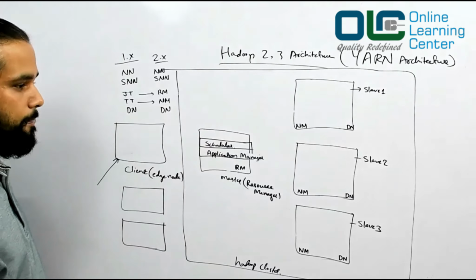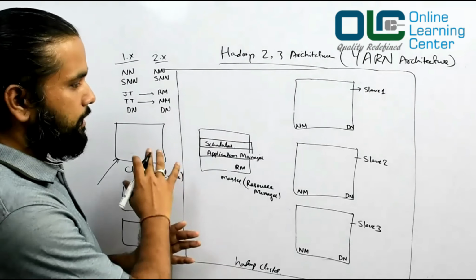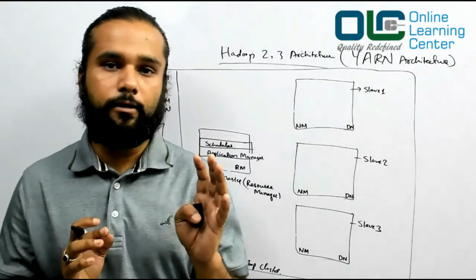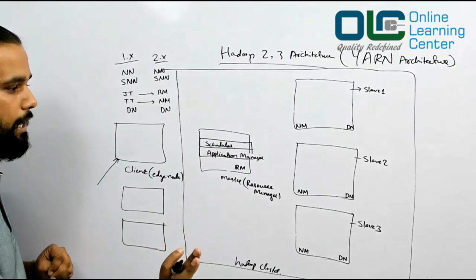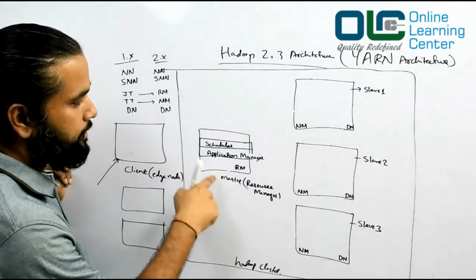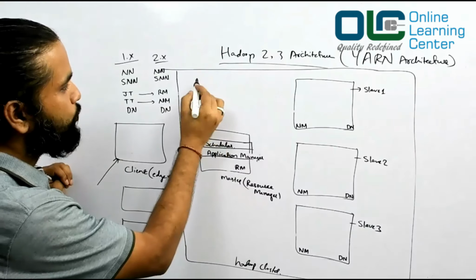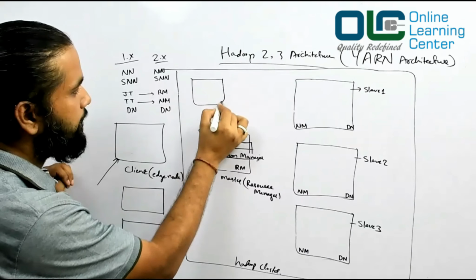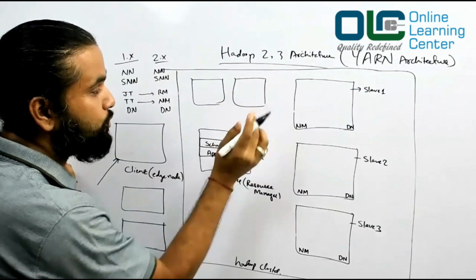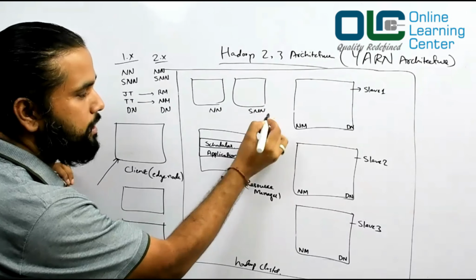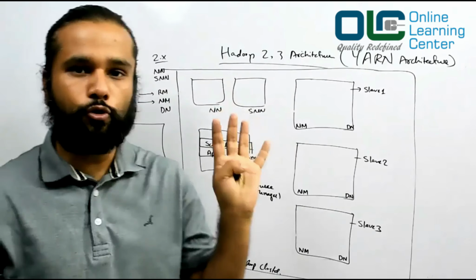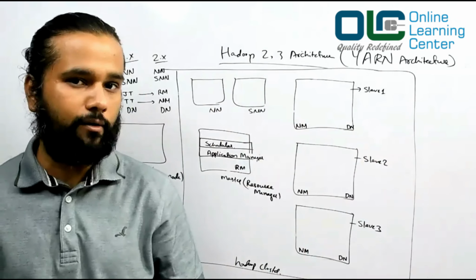Whenever there is any requirement, like when you want to store data in HDFS, you know how it happens. When I say master, in real time you could also have a name node here and a secondary name node here, but we are not highlighting that. I'm not saying they would not be there, but we're not worried about them because they are the same as what we saw in Hadoop 1.x.